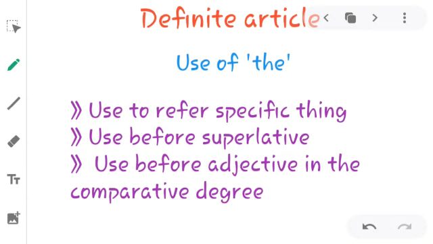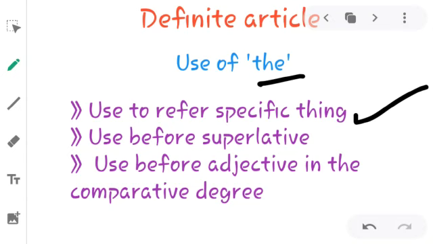Now the next type of article is the definite article, the use of the. We have some important points regarding the use of the. We use the before a noun when we want to refer to some specific thing, or when we are talking about a specific noun.